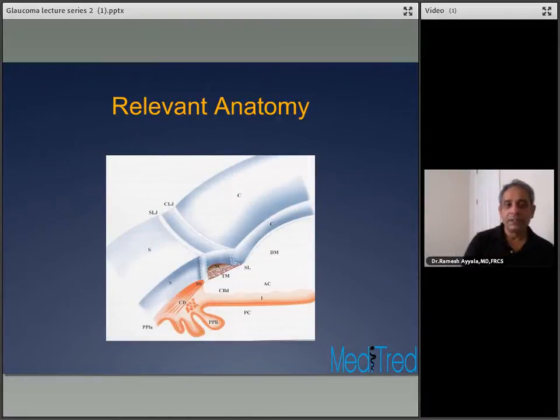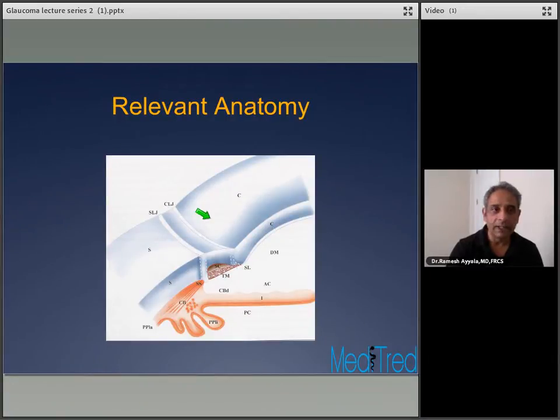Let's talk about the relevant anatomy from the glaucoma and the aqueous humor point of view. Let's see if I can take some aids here, a pointer, which I love, and I like to draw, so we'll take a pencil. Alrighty.